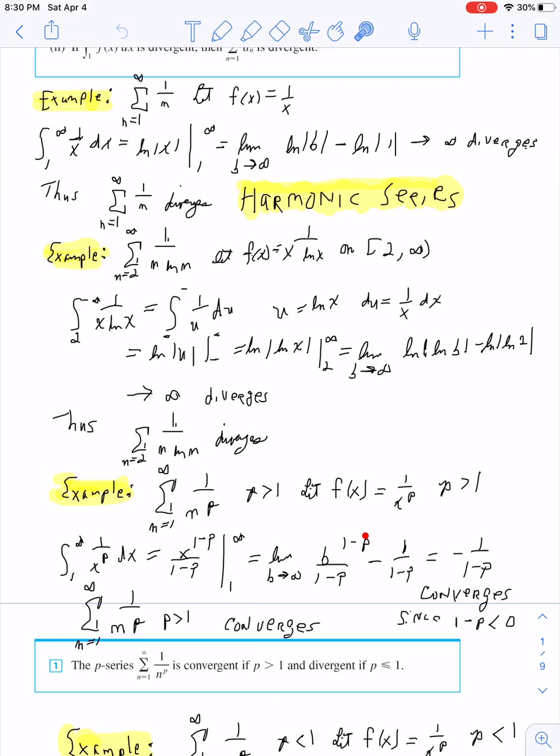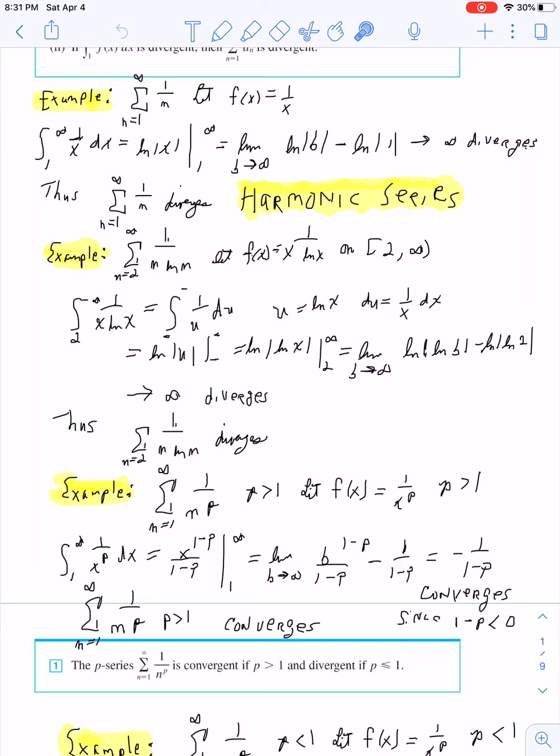In other words, this exponent is negative. Now, if that exponent is negative, then it's b to a negative power. And if it's b to a negative power, as b tends to infinity, that goes to 0. Hence, this term goes to 0. And my answer is simply minus 1 over 1 minus p.